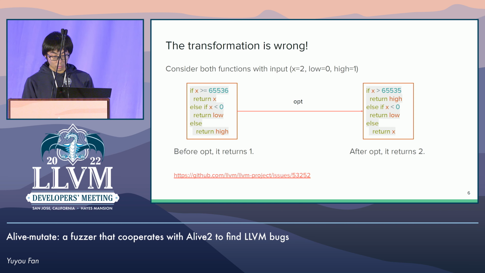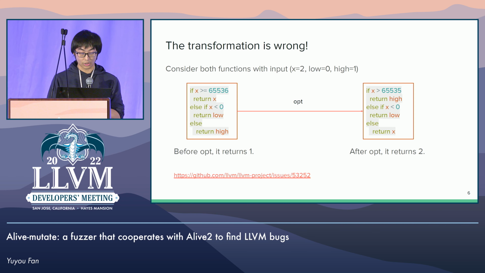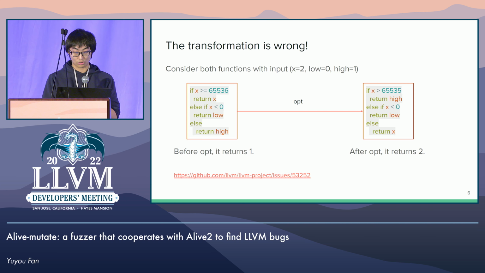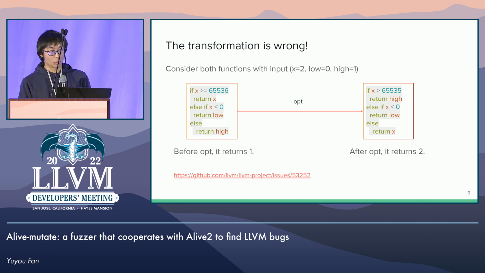Let's see after optimization. If x is larger than the five-digit number, no. x less than 0, no. It returns x, which is 2. So the same function before and after optimization, for the same input, gives different answers, which says our transformation is wrong.